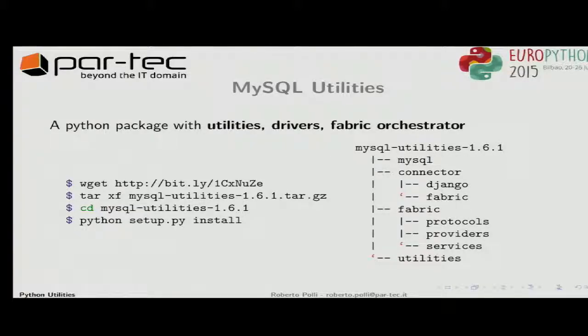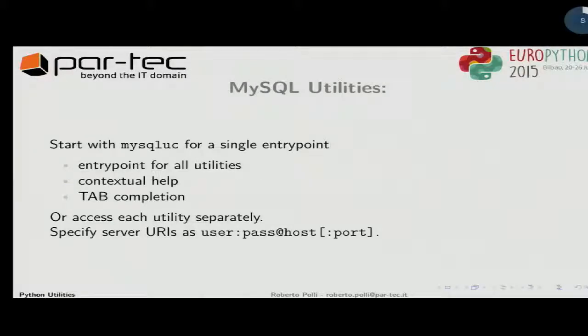They are pure Python, so if you want to switch your Python implementation from CPython to PyPy, for example, they work smoothly and will improve in time as your Python implementation improves, so no more C bindings. And those implementations are obviously multi-platform because they are pure Python. There are the utilities driver and the Fabric orchestrator that we will see after.